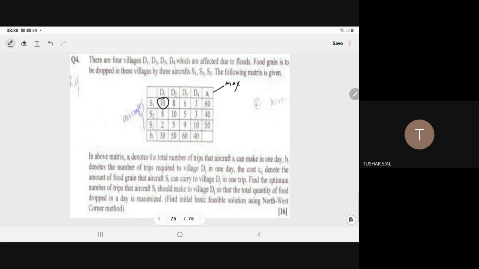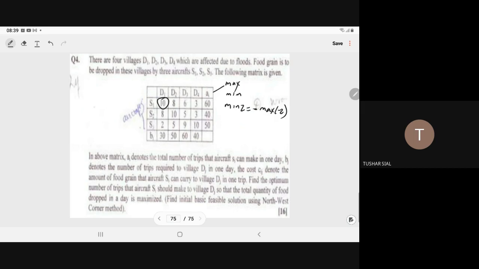But we know all the algorithms we have studied till now are for minimization. So a very important concept is coming here. Minimization of z is the minus of maximization of minus z.